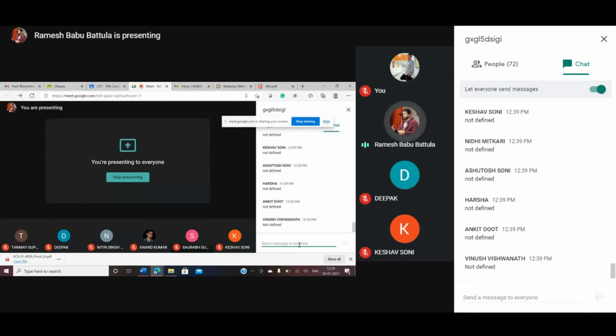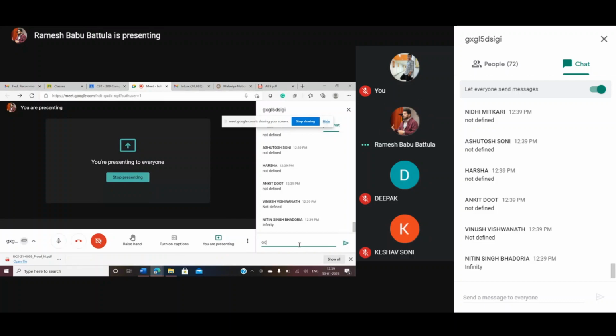No, the value is defined. I'm writing here, just check: GCD of 0, 0 is equal to 0. How many of you agree with me?